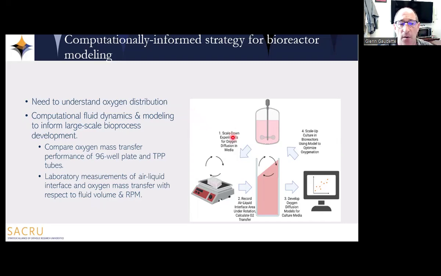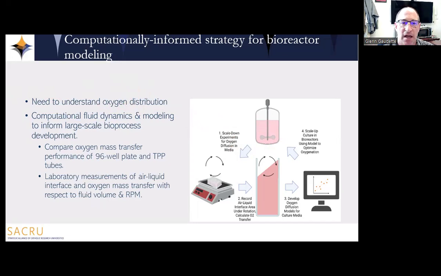One of the problems with bioreactors, though, is that we need to understand the oxygen distribution inside there. Colleagues have been working on computational fluid modeling, some CFD models, to see what is the optimum speed that we should turn that bar at. How much solution should we have in there?